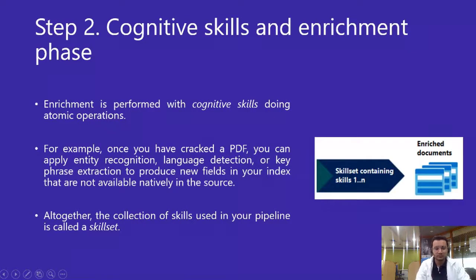So it's step number 2. The storage is already connected. Now comes the part where the cognitive skills are applied. I'm mentioning that there are two particular services: image analysis and language.